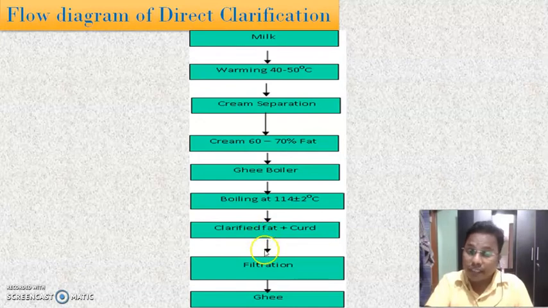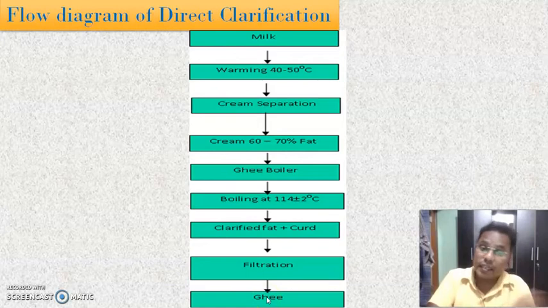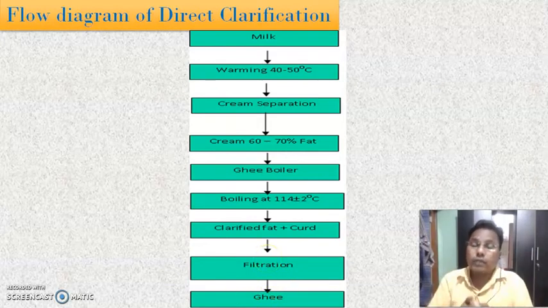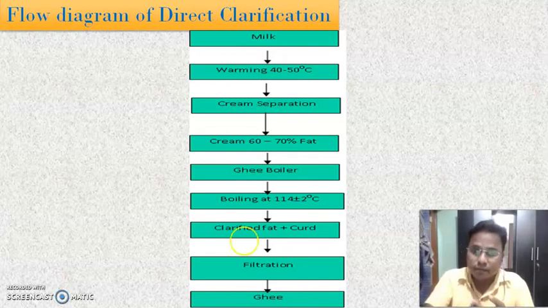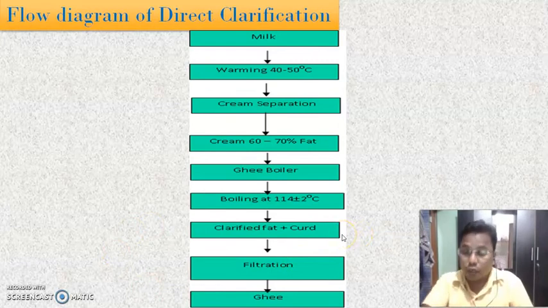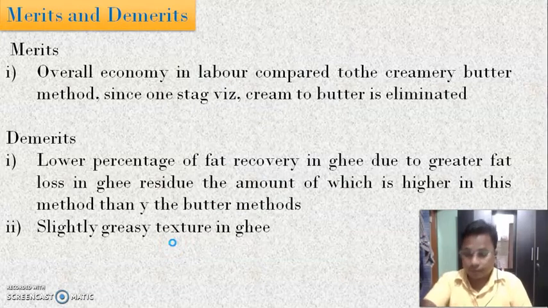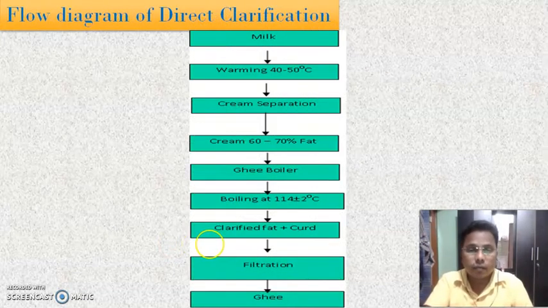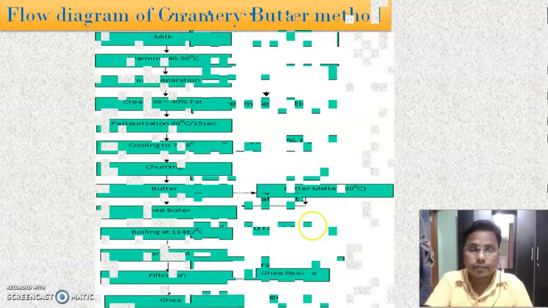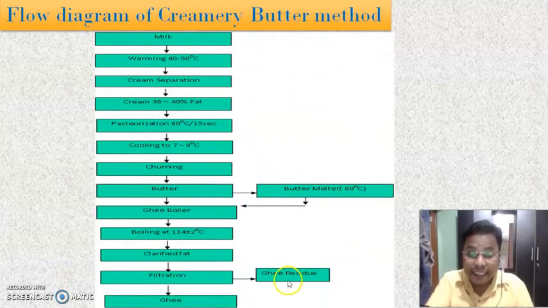Whatever the filtrate is obtained in a separate container is called the ghee, and whatever part is left over the filter, that is called the curd particles, or you may say ghee residue.